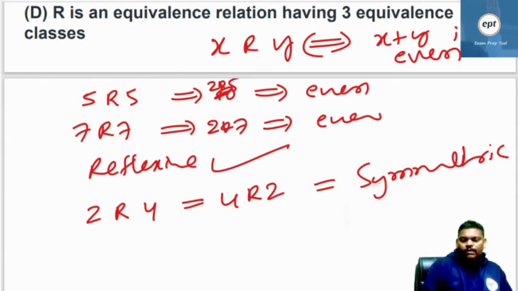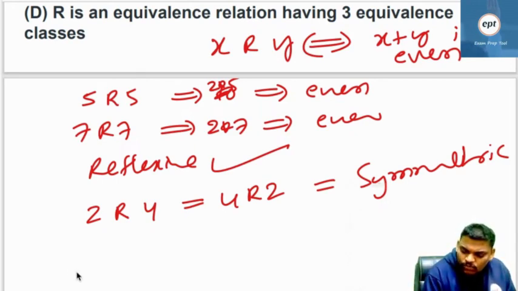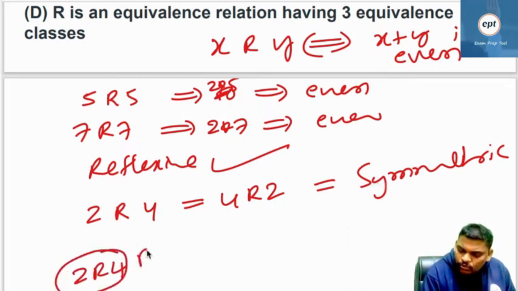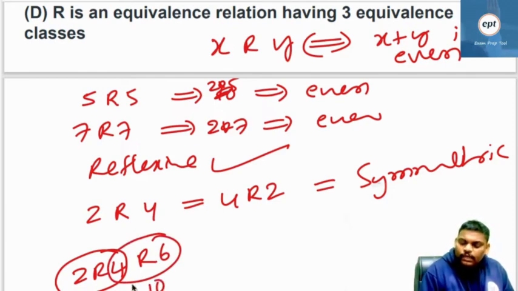Now see the transitivity. 2 related to 4, and 4 related to 6. 2 plus 4 is 6, 4 plus 6 is 10, both are even.